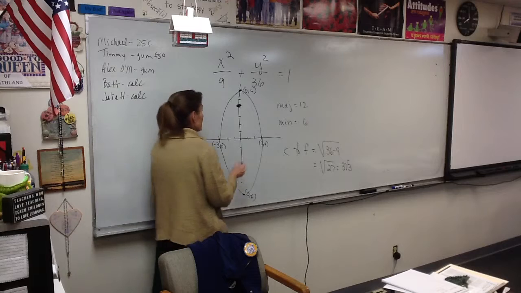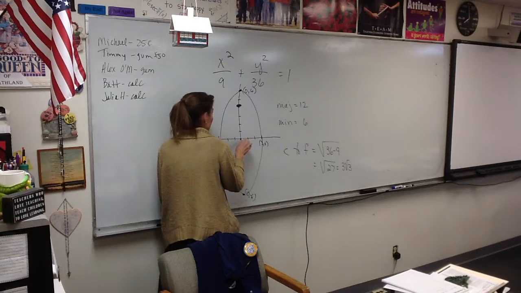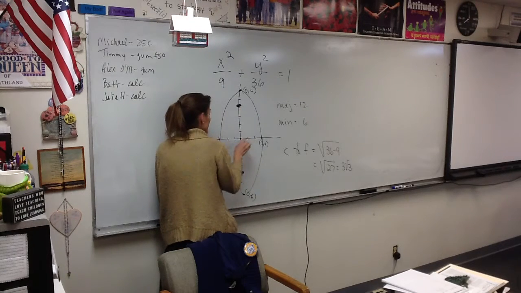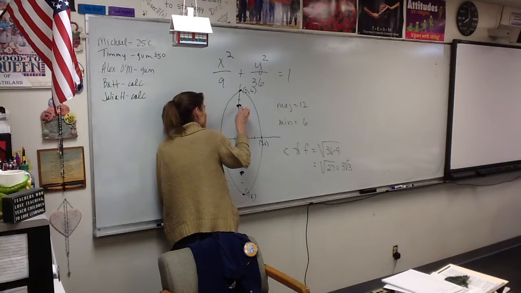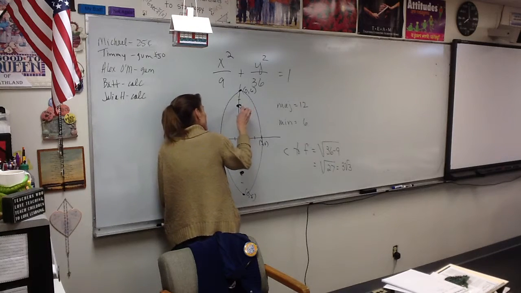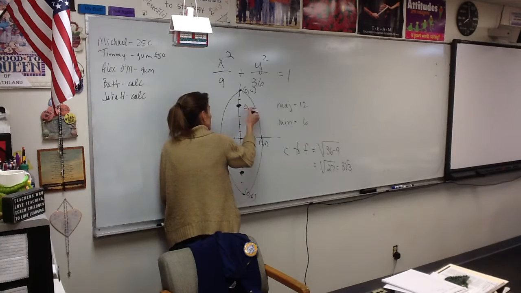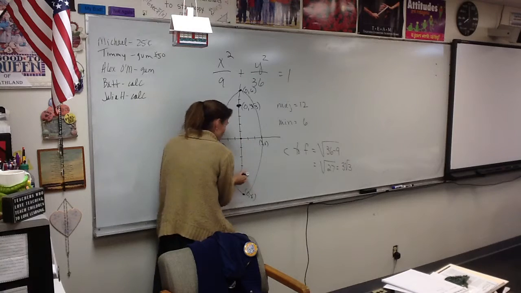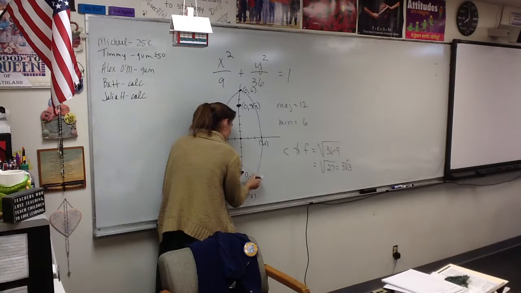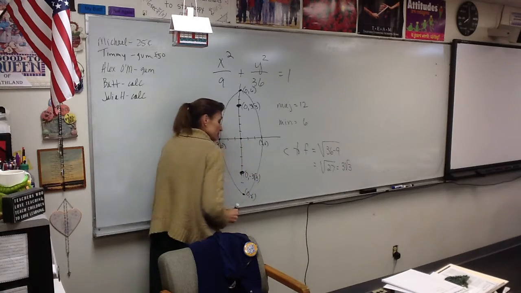Now that's the distance from the center to the focus. So we're going to go up 3 root 3. So what would be the coordinates of that point? 0, 3 root 3. And then this one would be 0, negative 3 root 3.